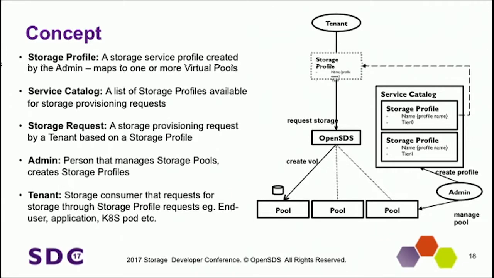So with that profile selected, the request will go to the OpenSDS controller, which will understand what to do down level, and it will create, in this case, the volume. So this is the simple concept of storage profile and the service catalog.